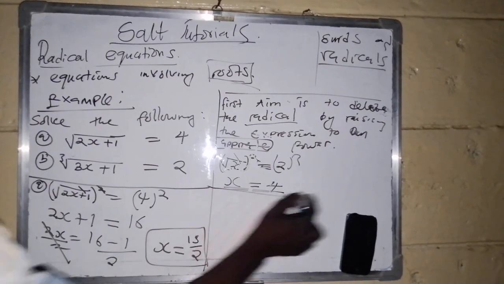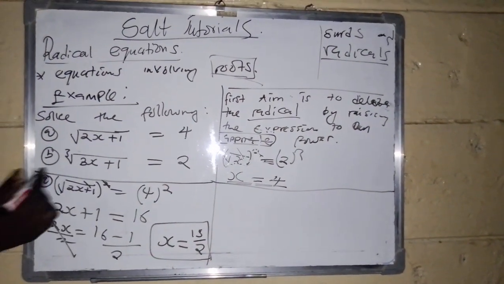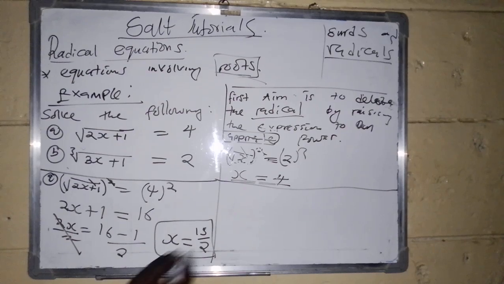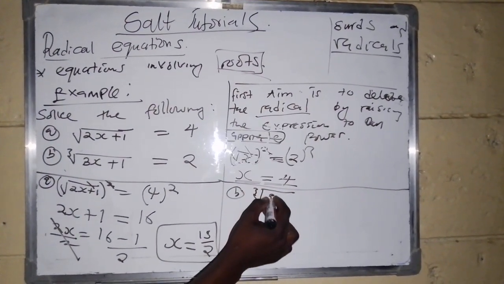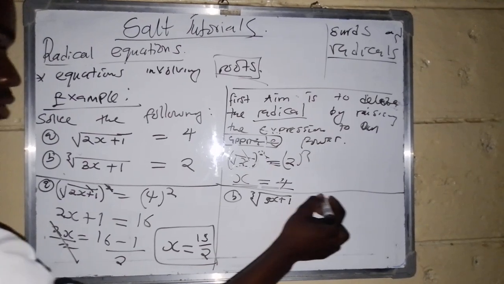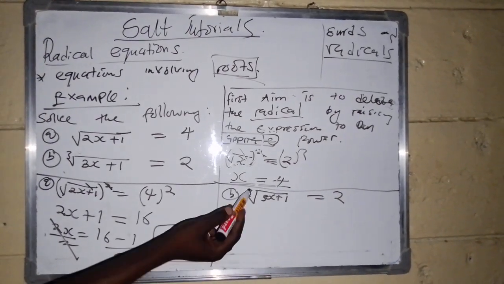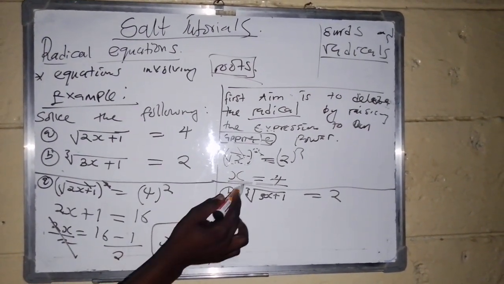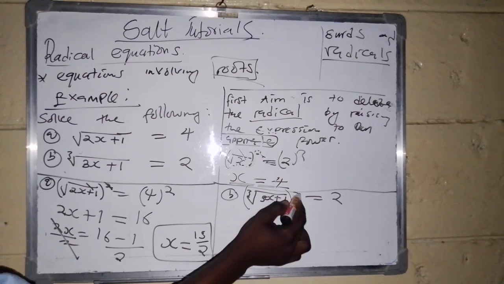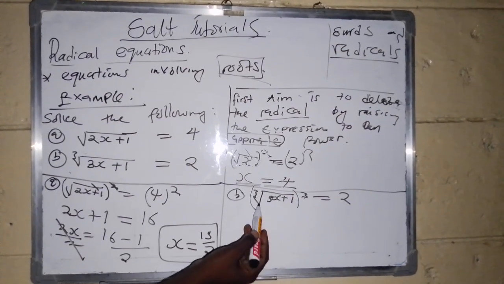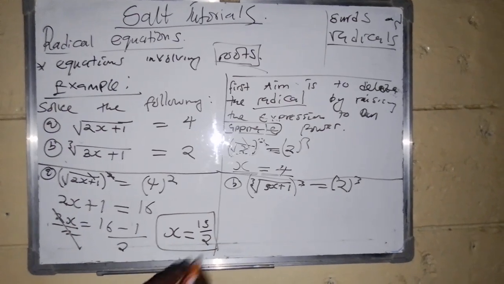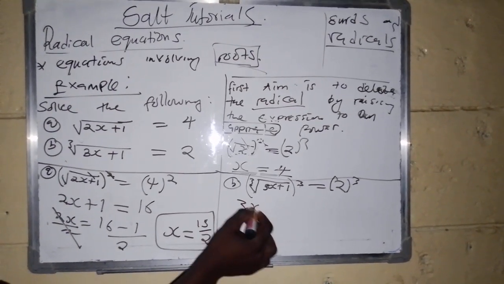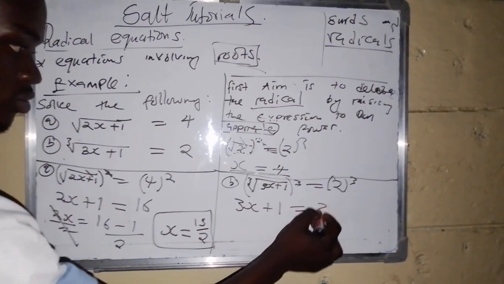The same is happening with our b part. Our b part says the cube root of 3x plus 1 is equal to 2. I want to delete the radical. The radical can only be deleted by raising to power 3. I'm raising to power 3 because I'm dealing with the cube root. So raise to the power 3 on my right hand side as well, so that we have 3x plus 1 equal to 8.